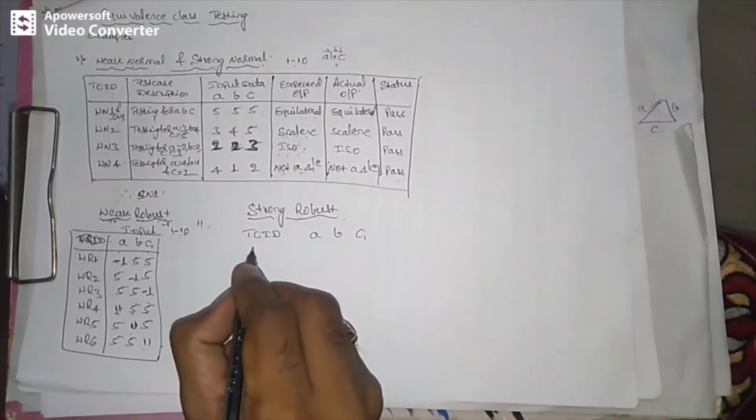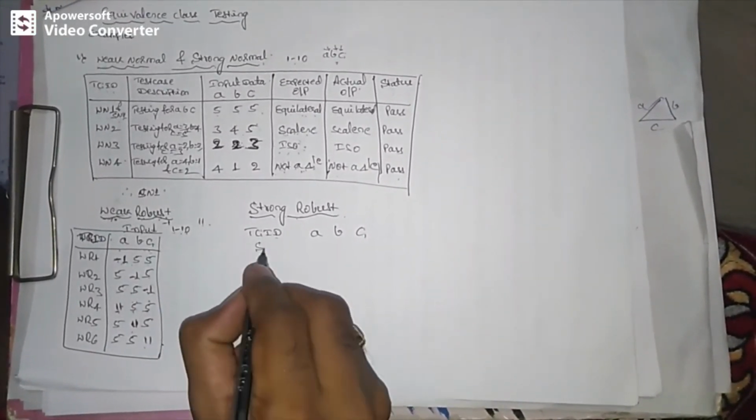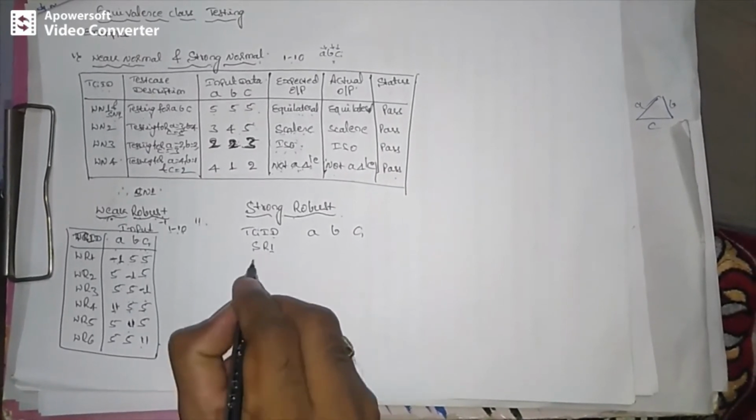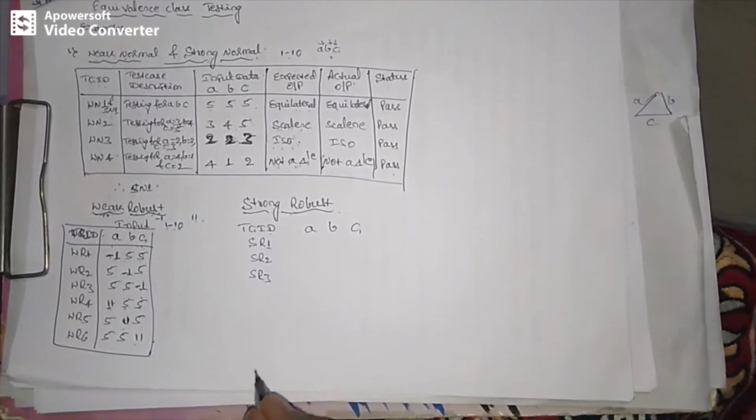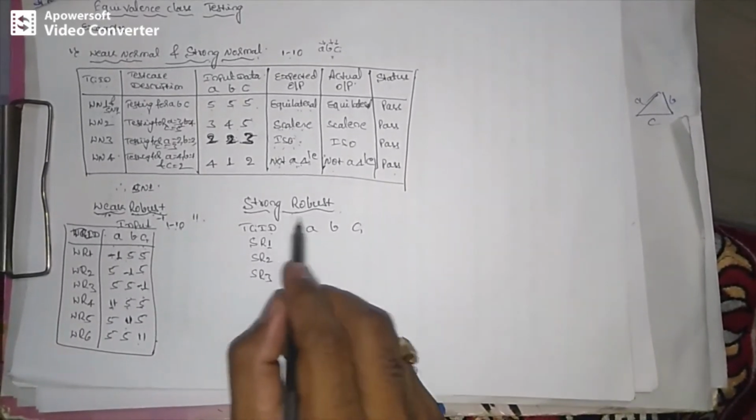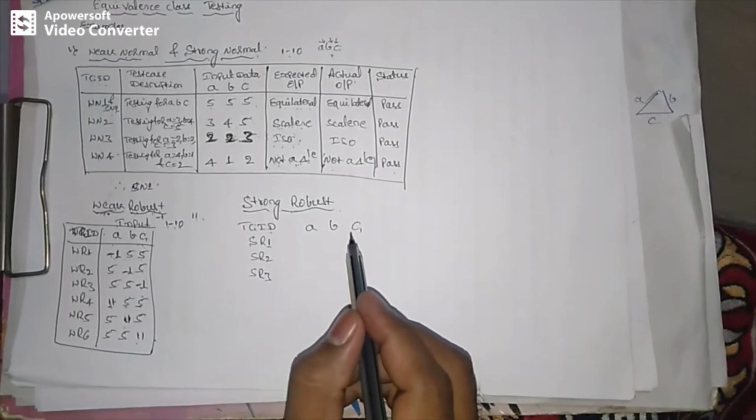So now I'll write strong robust test cases. Test case ID will be written as SR1, SR2, SR3, SR4. In that fashion we are writing the test cases. Then there is no hard and fast rule to identify the number of test cases.